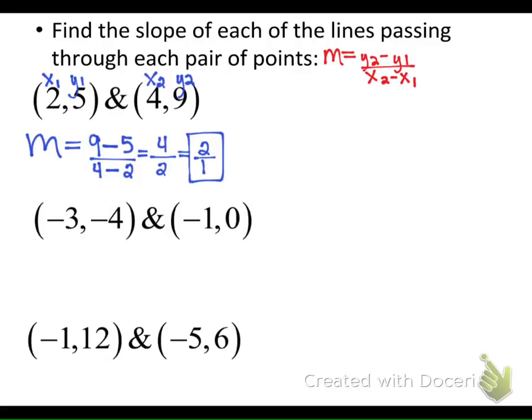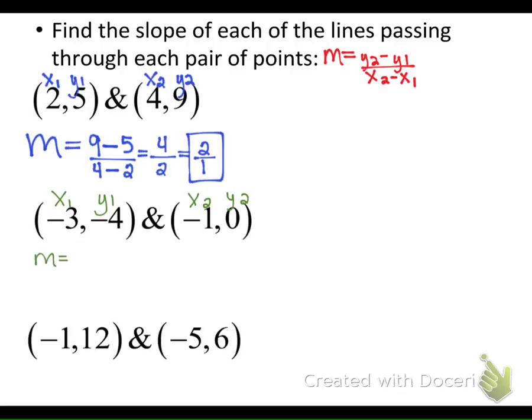All right, let's try another one then. All you're doing is using a formula and plugging numbers in and solving. So again, my first ordered pair, I label x1, y1. My next one is x2, y2. Because I'm solving for slope, I'm going to put m equals.